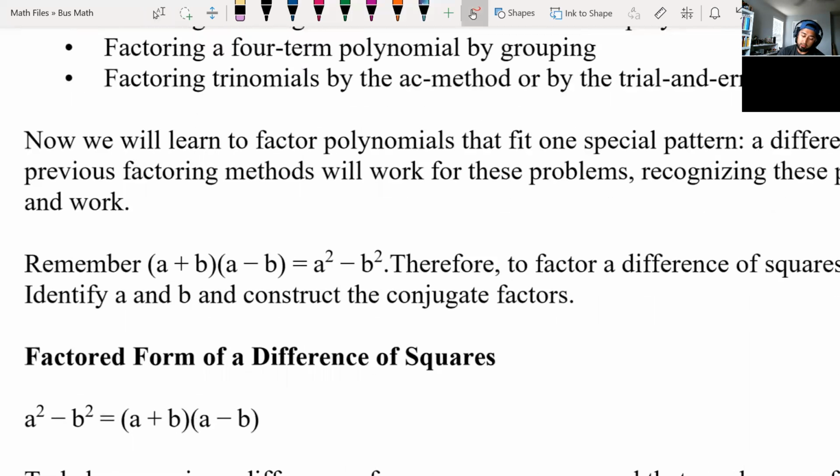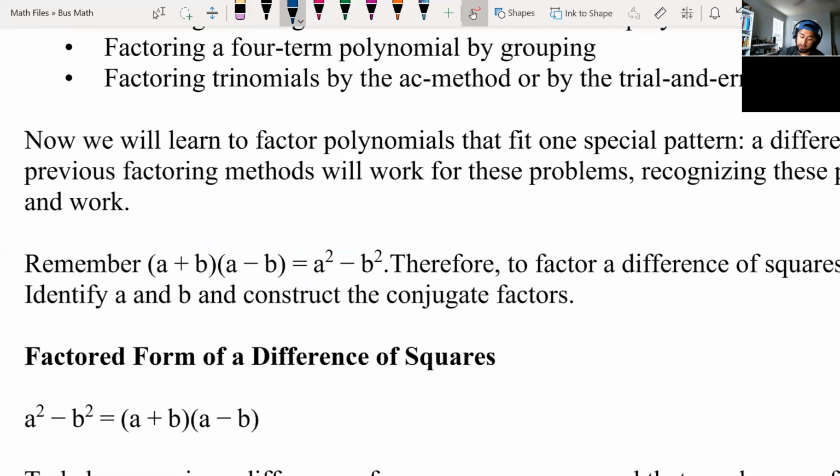Remember that we had a plus b times a minus b, and we FOILed it, and we came out with this product of a squared minus b squared. So now what we're going to start with is a squared minus b squared. And if it is 2 perfect squares, then a squared minus b squared will always factor to a plus b times a minus b. But they have to be 2 perfect squares.